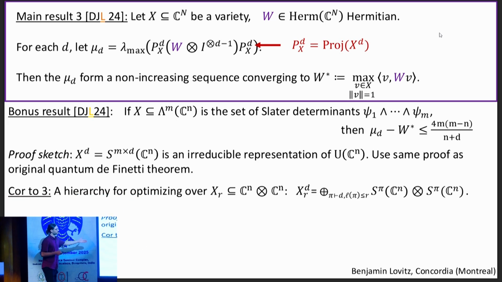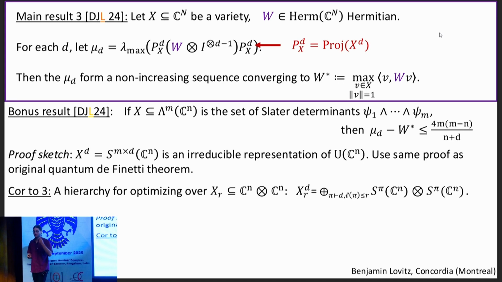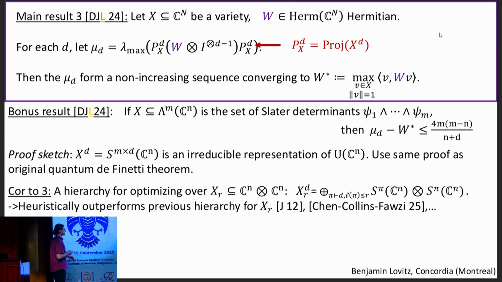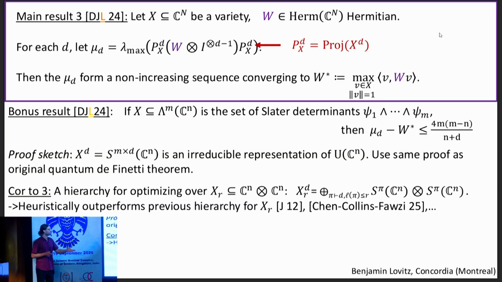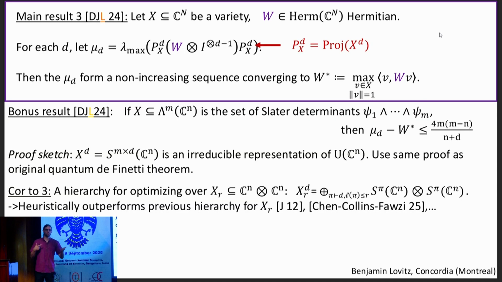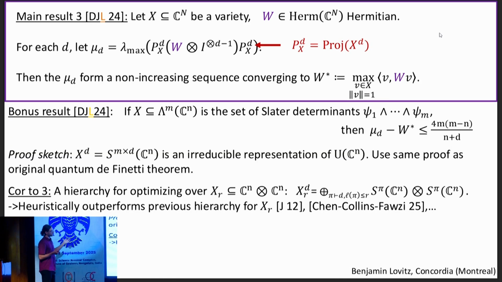One interesting corollary is we get a hierarchy for optimizing over the set of Schmidt rank R states. Heuristically, we don't have a proof yet, but it seems to outperform a previous hierarchy for optimizing over Schmidt rank R states that was developed originally by Nathaniel Johnson in 2012 and has been studied in several works since.